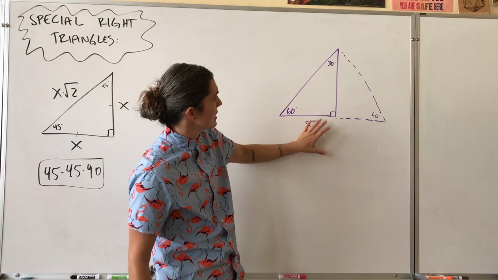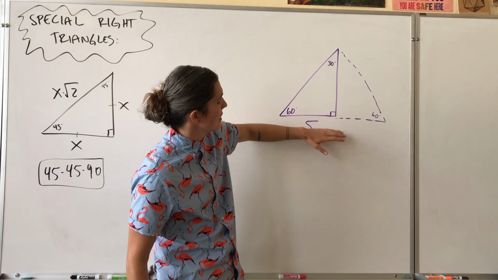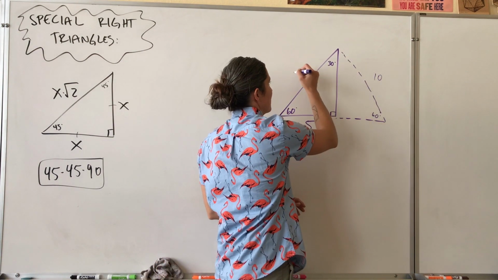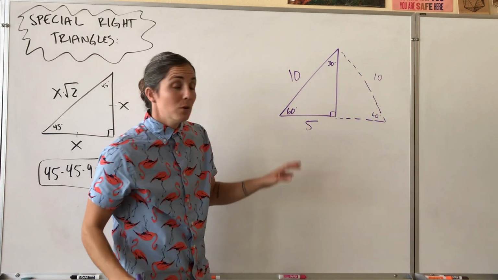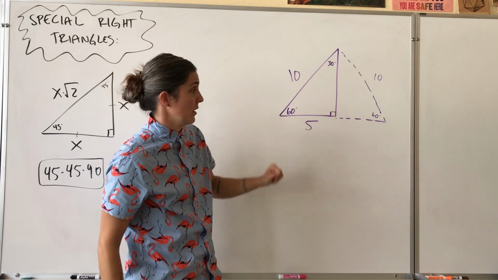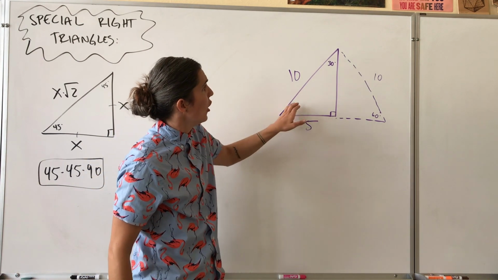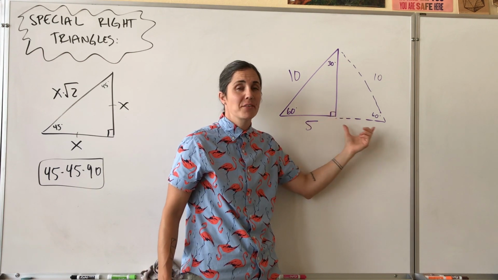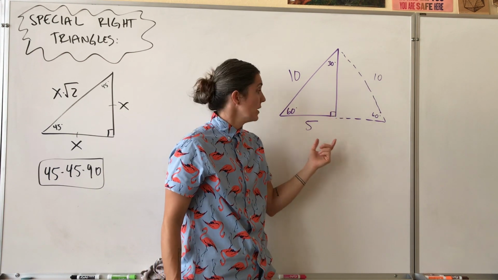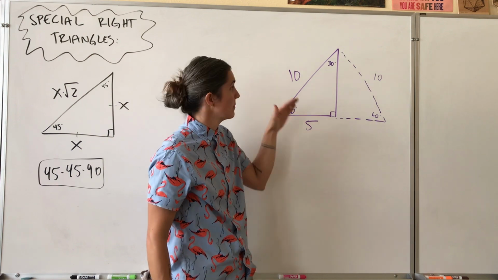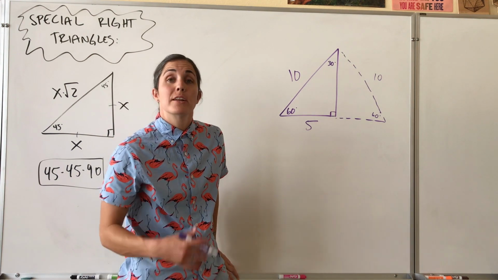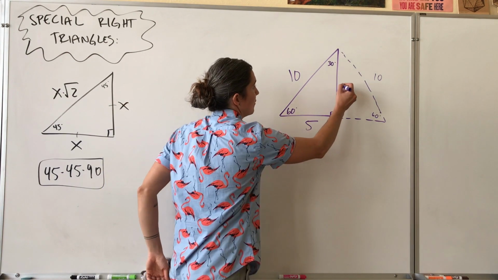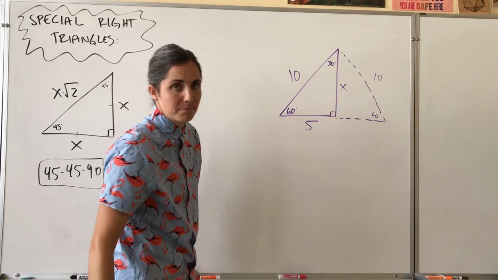So if this is 5, each of the sides would have had to be 10, which tells us right away what our hypotenuse is here. On a 30, 60, 90 triangle, if we can visualize that triangle as half the equilateral, we can find a relationship between the base and the hypotenuse. And of course, once we have 2 sides of the right triangle, we can solve for this third side. Let's take a look.